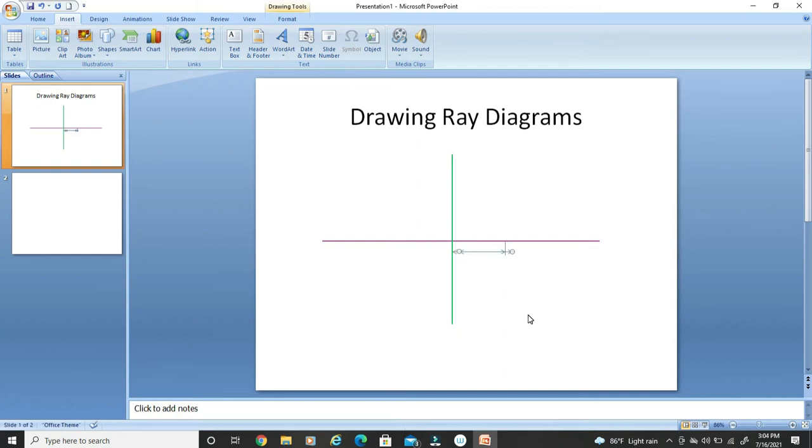Okay, so I'm drawing the focal length, and what I did was find the same length using the same arrow to place my focal points.